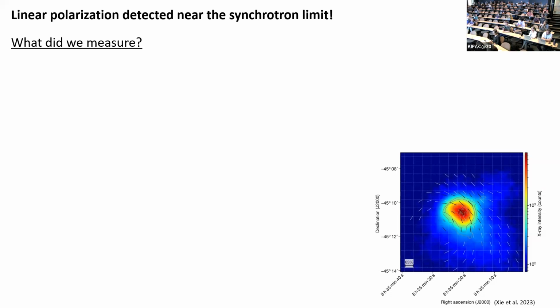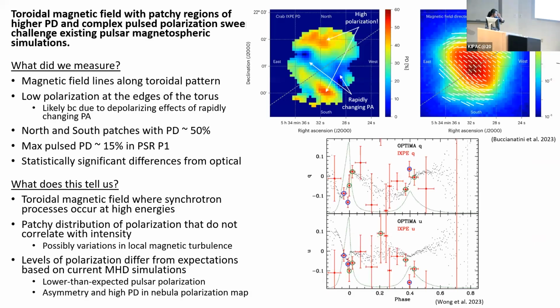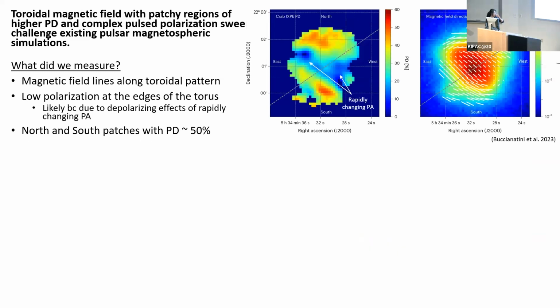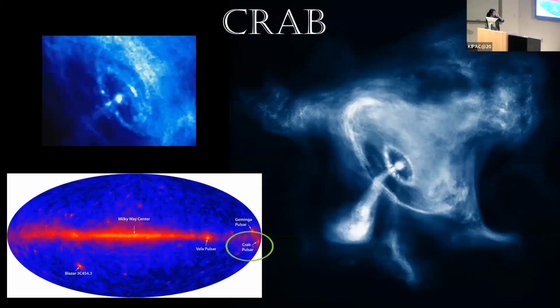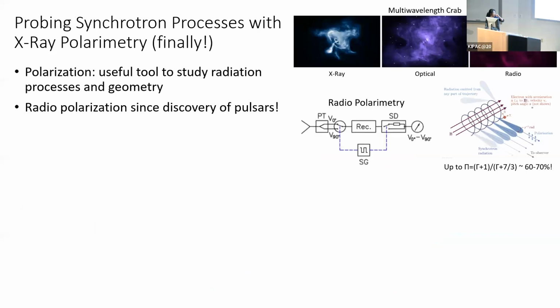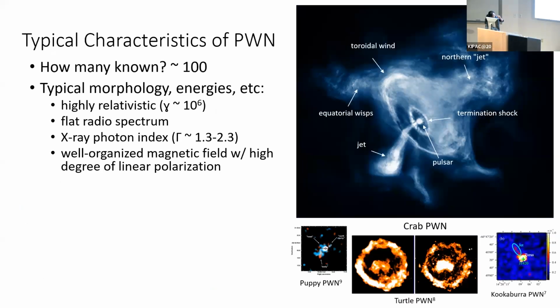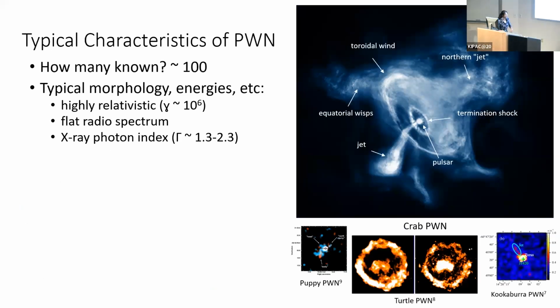Yeah, so it really varies depending on what object you're looking at. For the Crab, since it's much younger, about 1,000 years old, it's still contained within the supernova remnant. But if you look at some of these other objects, which I put up here, for example the Turtle, you can see the supernova remnant shell around the central PWN.